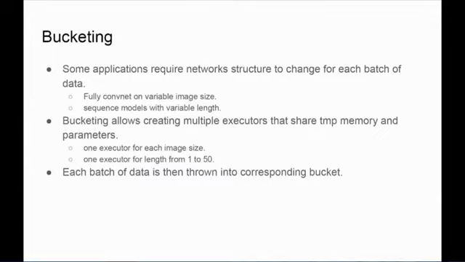So, bucketing. Tianqi already talked a little about how we are doing bucketing for variable length or size inputs. Basically, if you have a fully convolutional neural network on variable image sizes, for example for detection, you can allocate multiple executors and have them share memory so that you are not going to call them in parallel.